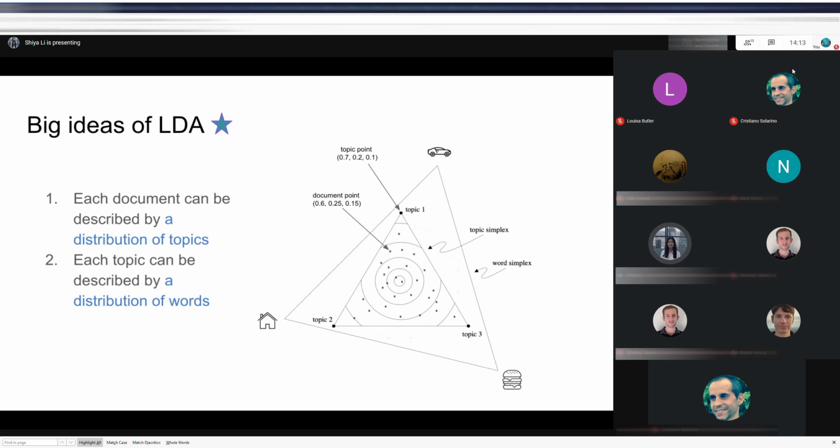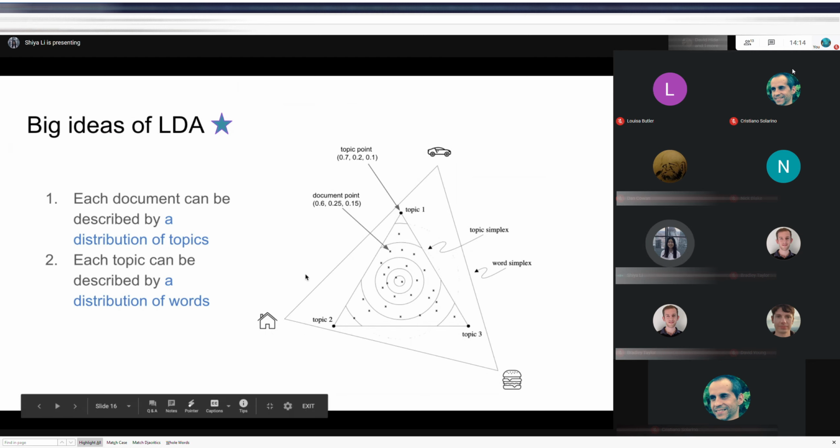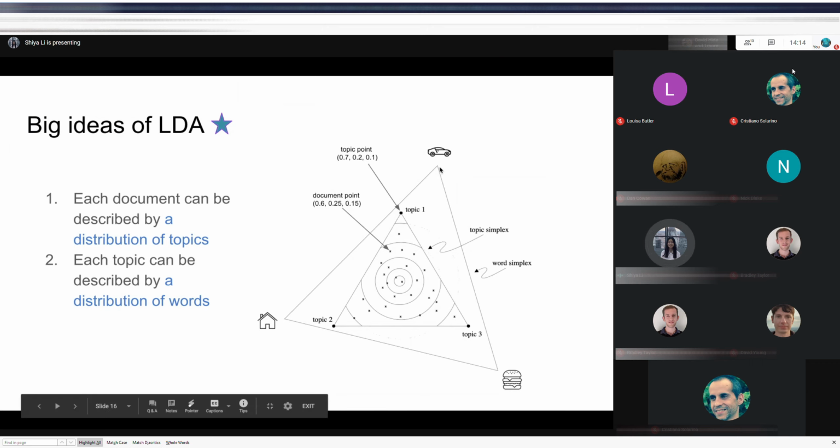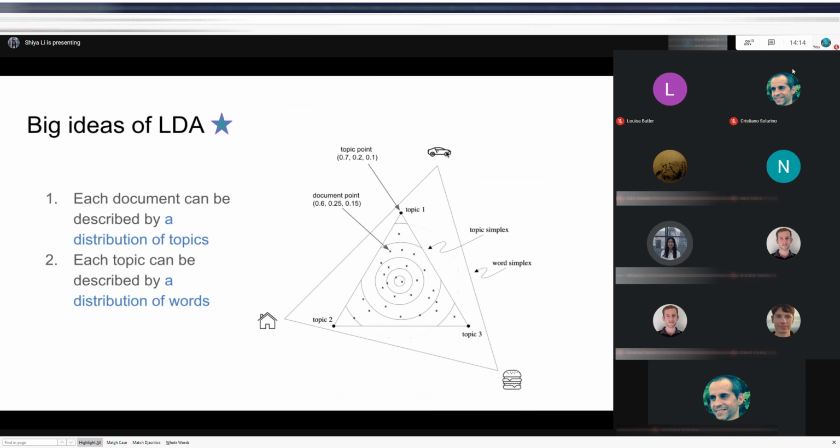Each point is represented by the distribution of topics in each document. For example, this document point, let's say 0.6, 0.25, 0.15, means this document consists of 60% of topic 1, 25% of topic 2, and 15% of topic 3. And outside, in the bigger triangle, we can see topic 1, topic 2, topic 3 are 3 points of the word space. I just randomly set the words to be car, house, hamburger, and it could be any other words.